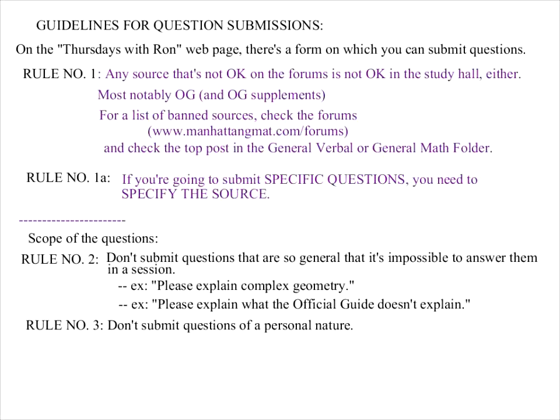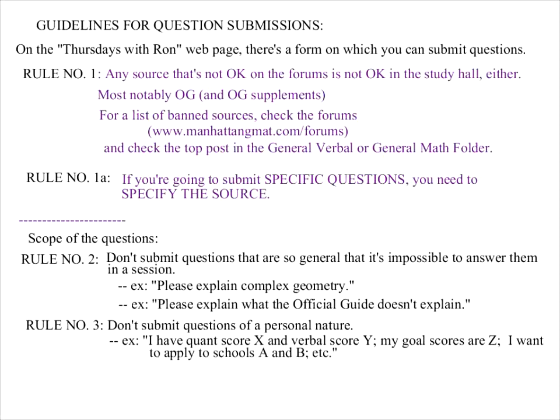We actually get a lot of this. We get something like, I have quant score X and verbal score Y, my goal scores are Z, I want to apply to school A, etc.